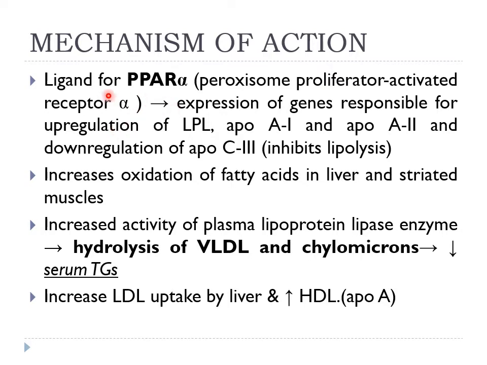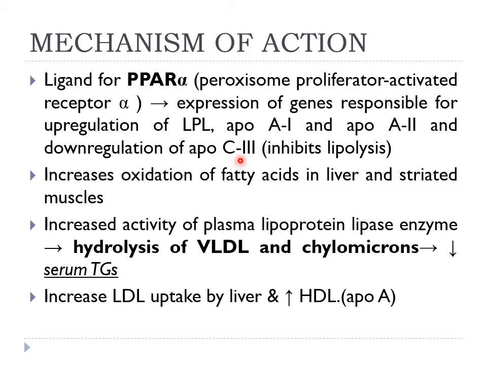So upon binding to these receptors they get activated, and they regulate the expression of genes responsible for upregulation of lipoprotein lipase, ApoA1 and ApoA2. ApoA1 and ApoA2 are apoproteins of HDL cholesterol, and they also cause downregulation of ApoC3 protein, and this is the protein which inhibits lipolysis.